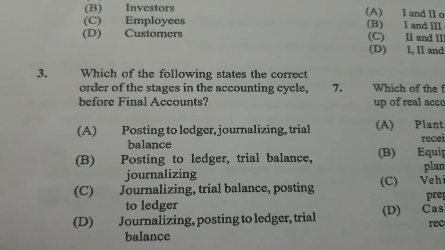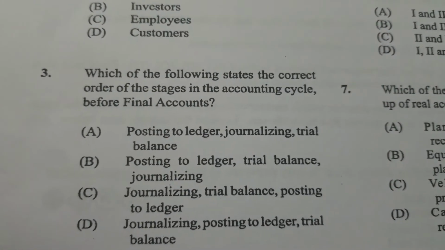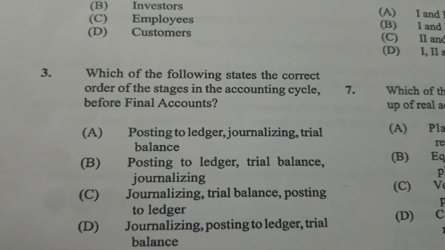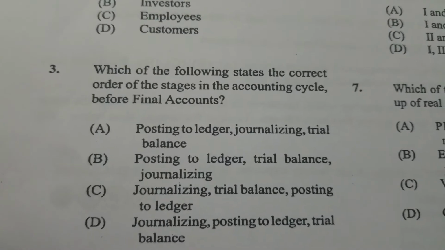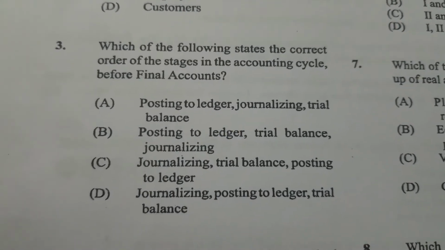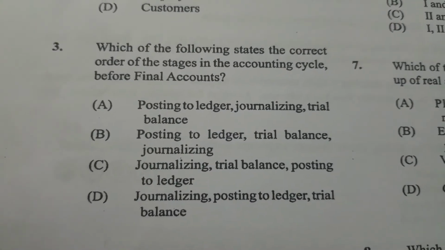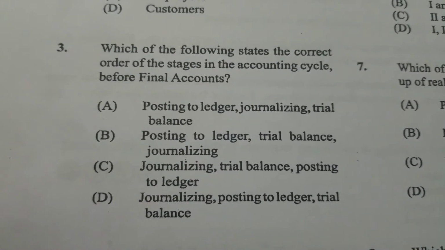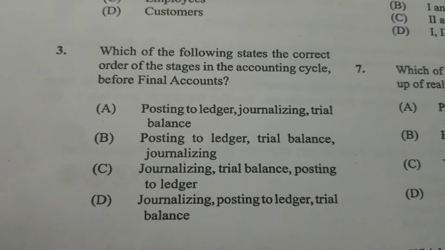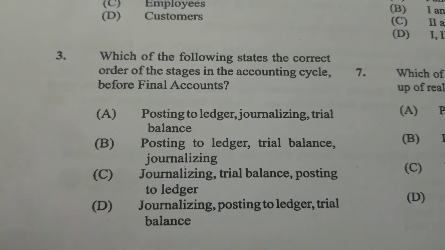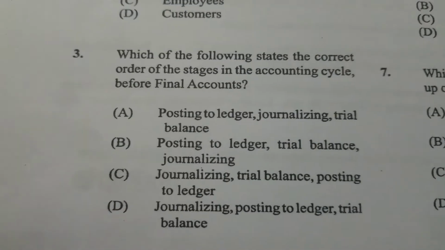Which of the following states the correct order of the stages in the accounting cycle before the final accounts? And our answer is D, journalizing, then posting to the ledger, then the trial balance, and then from there we'll go to the final accounts.